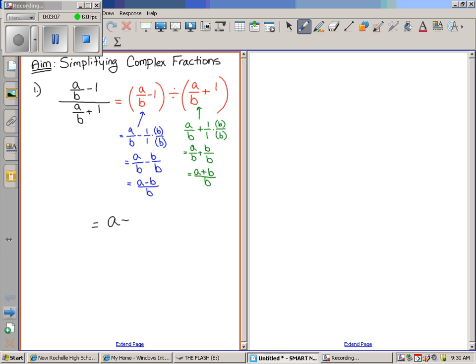A minus b over b divided by a plus b over b. And so now you keep, change, flip, simplify, and be done. You know what I'm saying? So here we go. We keep the first one, change the sign, flip the second one.